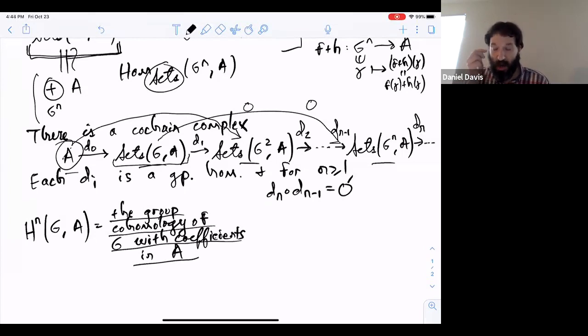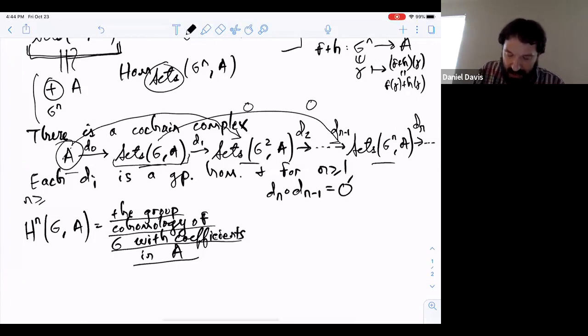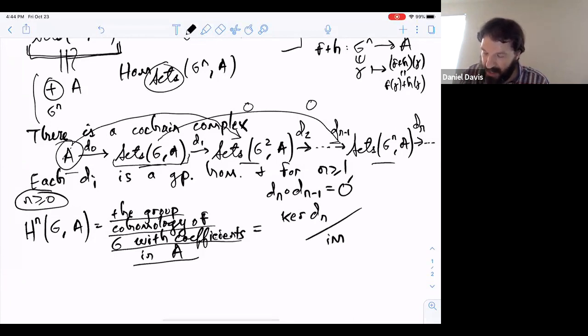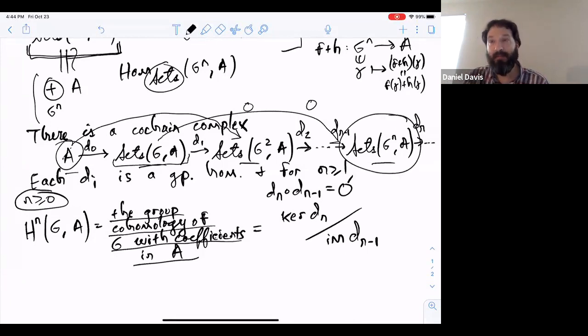Okay, so we have the group cohomology of G with coefficients in A, and I should say that n here is greater than or equal to 0. And this is defined to be the kernel of d sub n modded out by the image of d sub n minus 1. So what we do is we go to the nth spot, and we take the kernel.